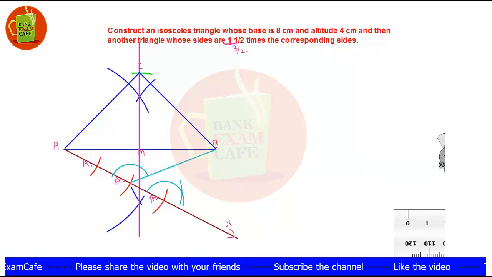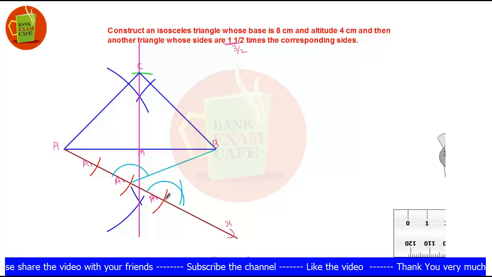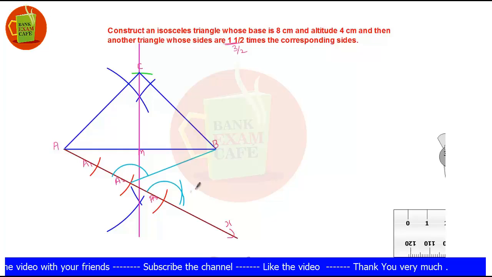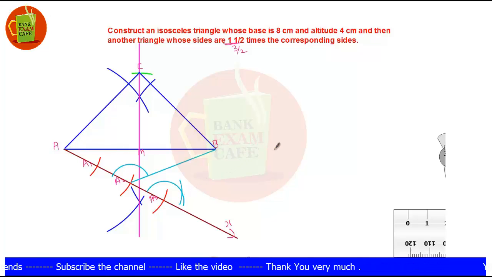Now from A3, draw a line segment passing through this point of intersection and meeting the AB at B if produced.